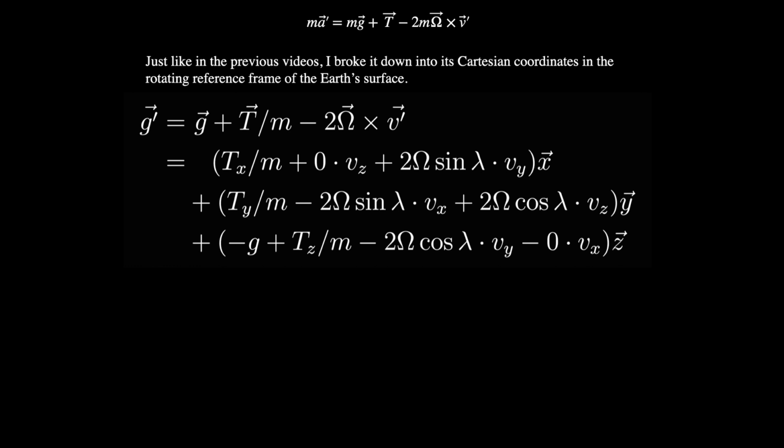Once you break that down into the three Cartesian coordinates, x, y, and z, where x is pointed north, y is pointed west, and z is pointed straight up, we get these components for those three things. Notice there's an x, y, and z component for the tension, but there's only a z component for the gravitational force, and the Coriolis force affects all of them.